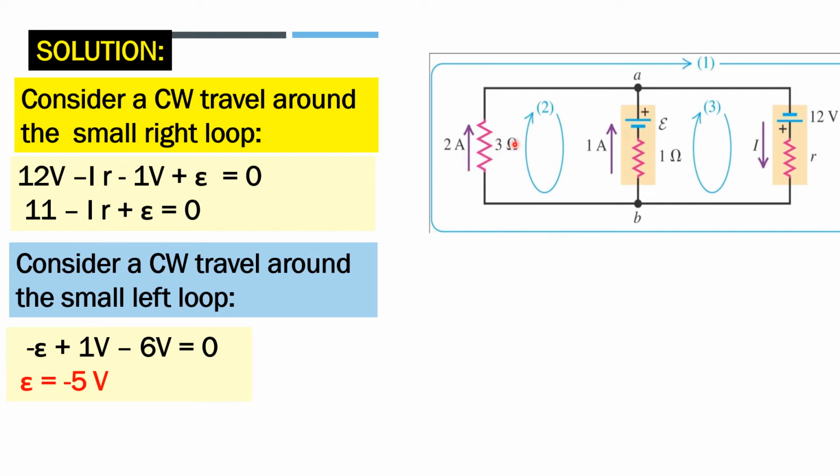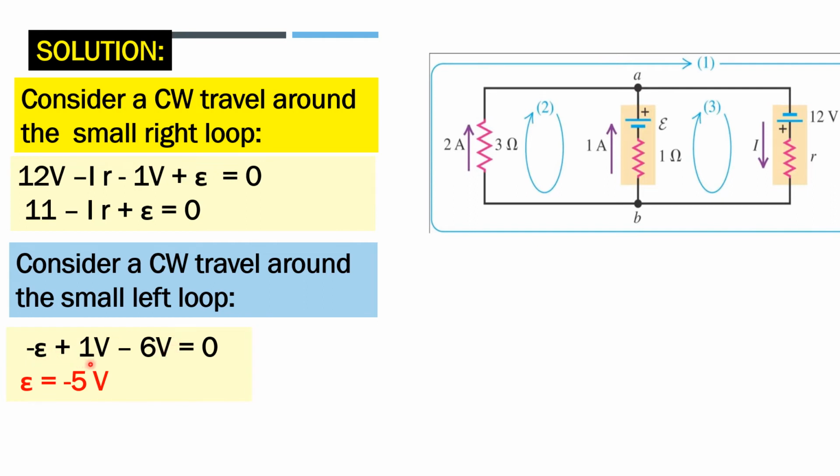Therefore, the voltage across this resistor is 6 volts. But since our direction of travel is in the same direction as that current, then we have a negative 6 volts. So that completes our equation using this loop.